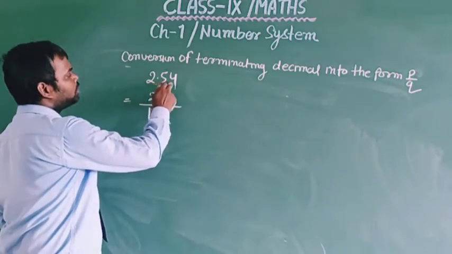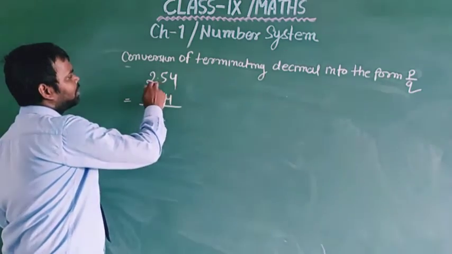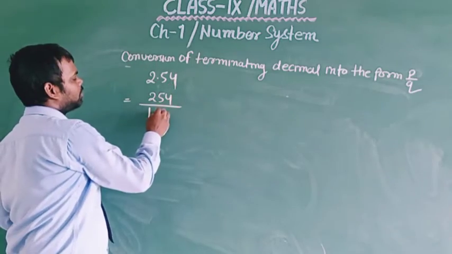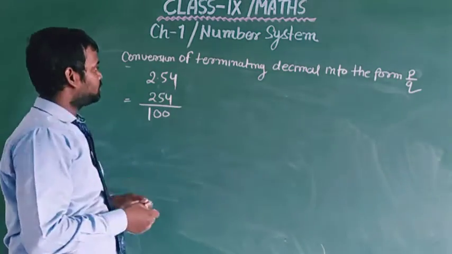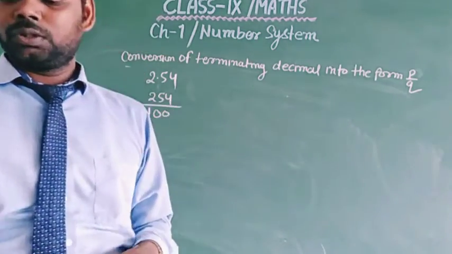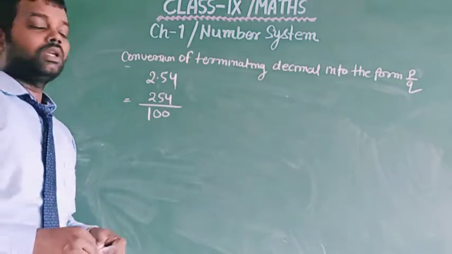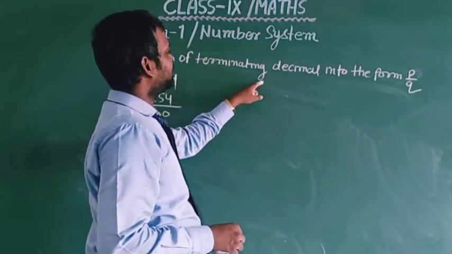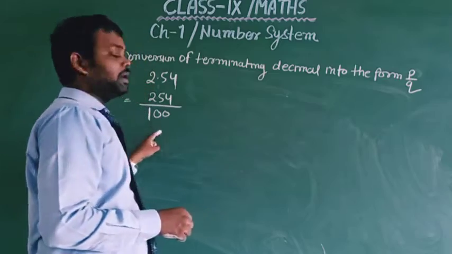Here 2 digits come after the decimal, so write 2 zeros. This is the conversion of a terminating decimal to the form p by q.